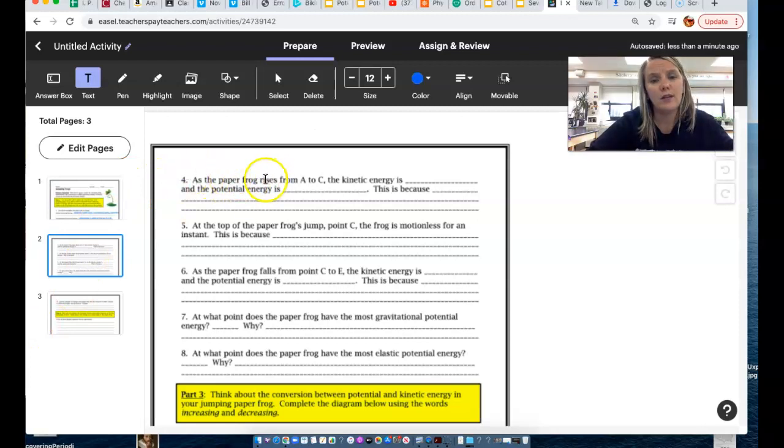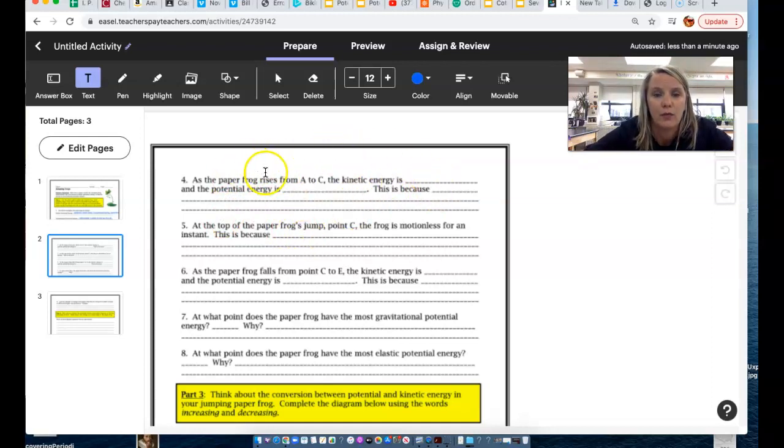Number 4 says, as the paper frog rises from A to C, kinetic energy is blank and the potential energy is blank. What I'm looking for here is either increasing or decreasing.